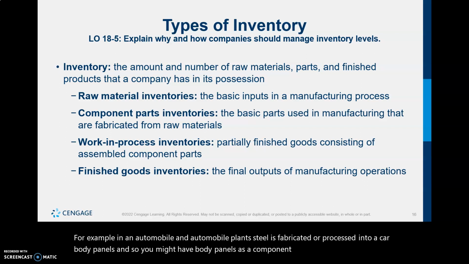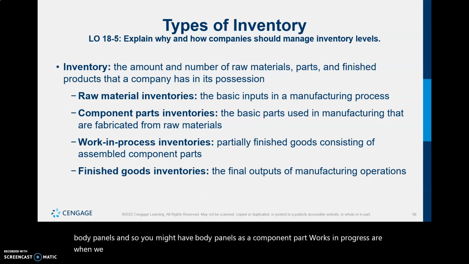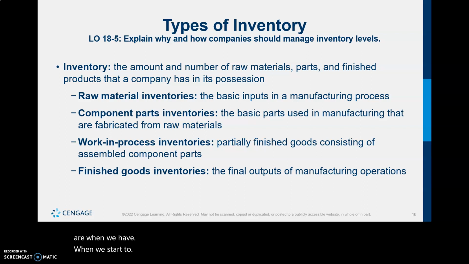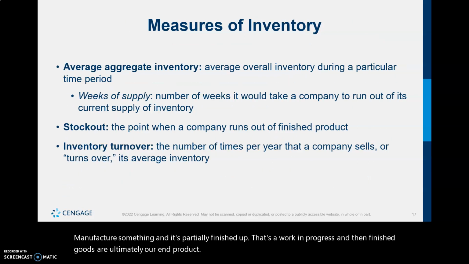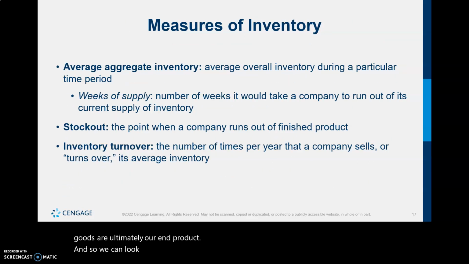Works in progress are when we start to manufacture something and it's partially finished. That's a work in progress, and then finished goods are ultimately our end product. And so we can look at measuring inventory. Average aggregate inventory is our overall inventory during a particular time period.